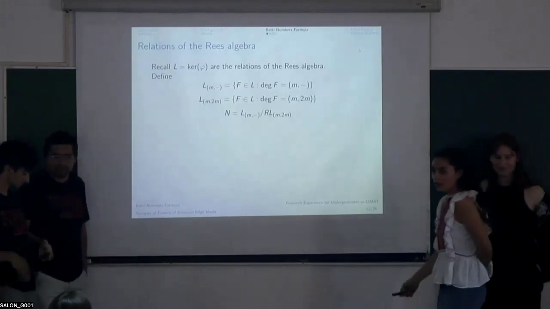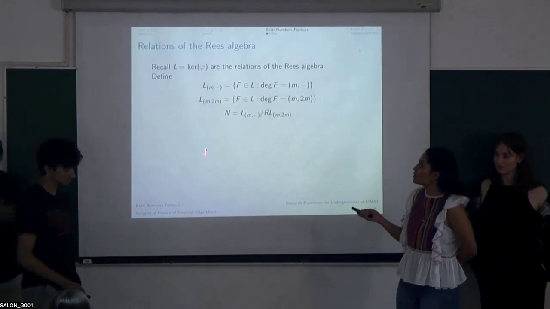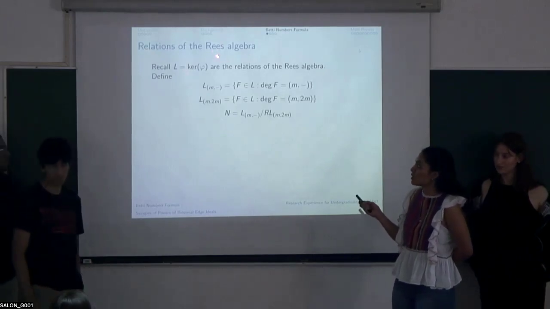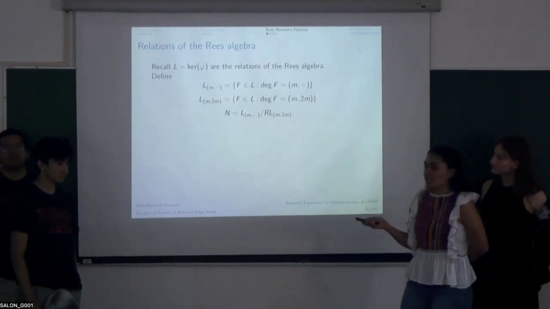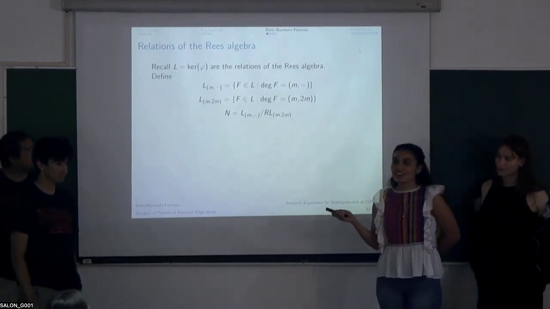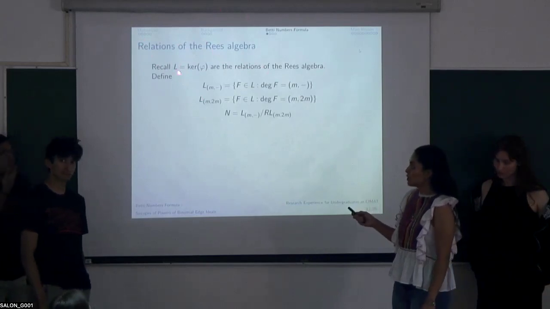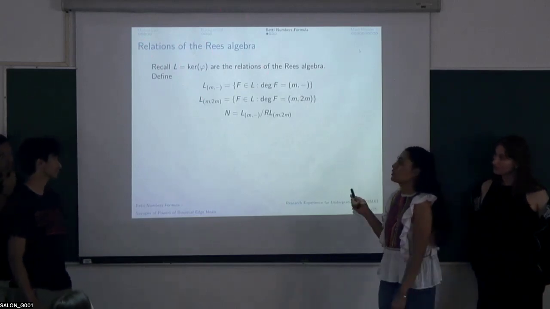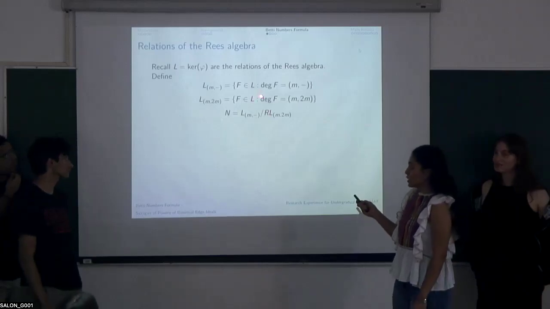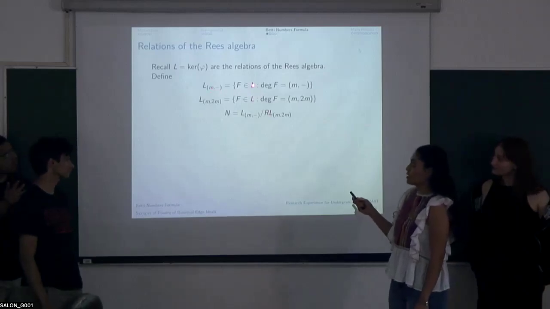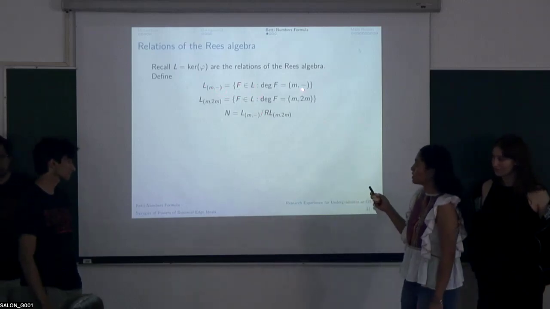Okay, so now that we know what the relations of the Rees algebra are, we want to relate them to the syzygies, okay? So remember that we're using L to denote the relations of the Rees algebra, that is the kernel of the map, and we will define 2 sets. The first one is the elements in the kernel, the relations of the Rees algebra, that have degree m and something else.